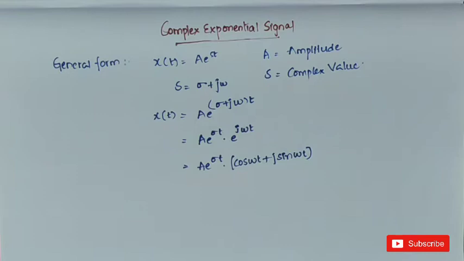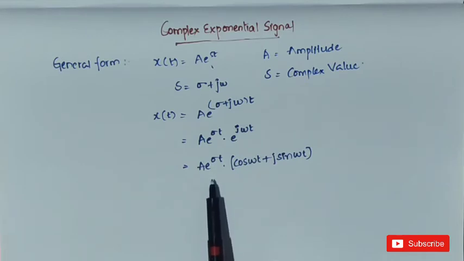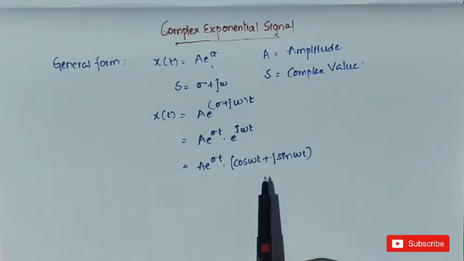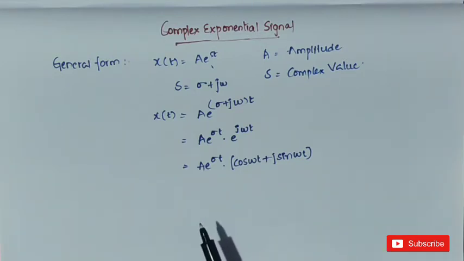By substituting the s value, we get a e power sigma t into (cos omega t plus j sin omega t). Depending upon the values of sigma and omega, we will get different waveforms.